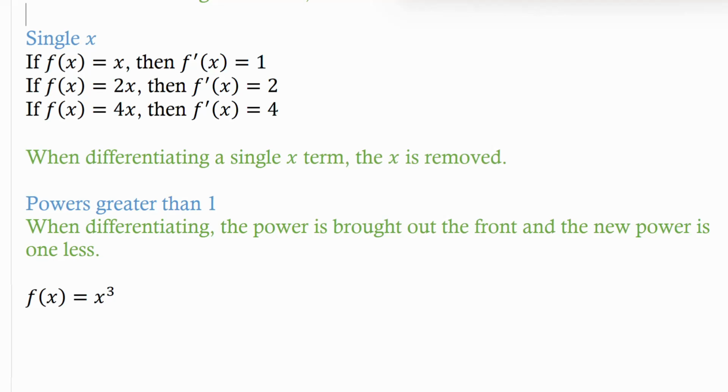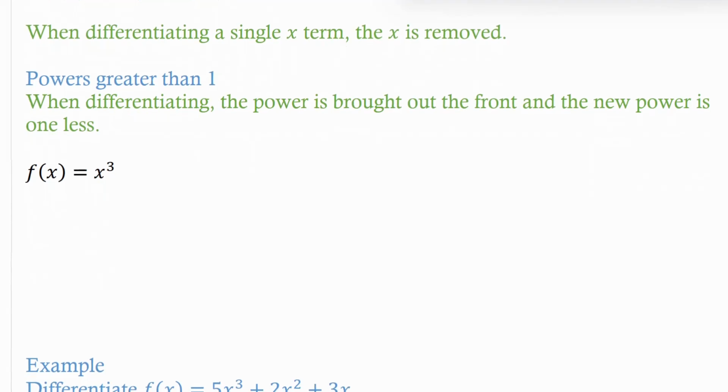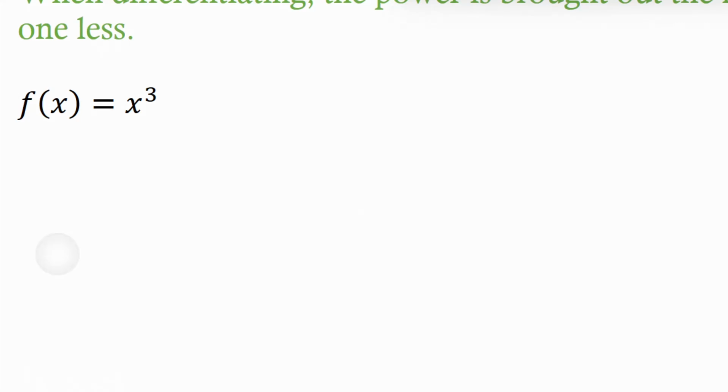The next one is a little bit different, but we're going to cover it: when the power is greater than 1. In all those examples where we had a single x, its power was 1. What happens when we have a power that's greater than 1? When we differentiate, the power is brought out the front, and the new power is 1 less than the old one. Let's say I find the derivative of x cubed.